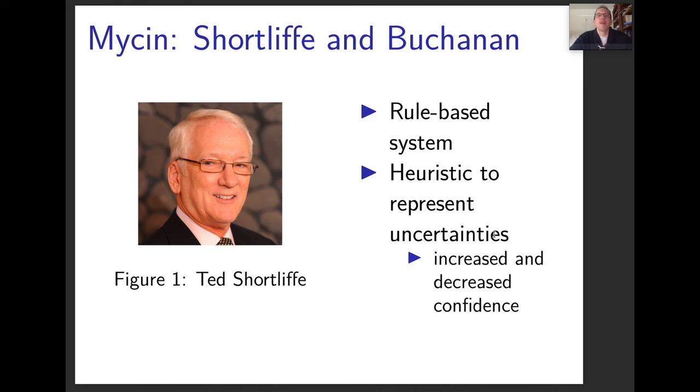They came up with a rule-based system that also incorporated heuristics to represent uncertainties and how humans dealt with uncertainties. They came up with measures that indicated whether there was increased or decreased confidence in a particular conclusion given various evidence that was presented. And as I said before, Bruce Buchanan was very interested in heuristics, and I think if you look at their paper, he was in a heuristics lab, and hence his recommendation to get Polya's book, How to Solve It.